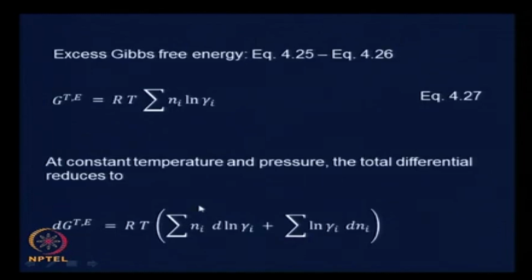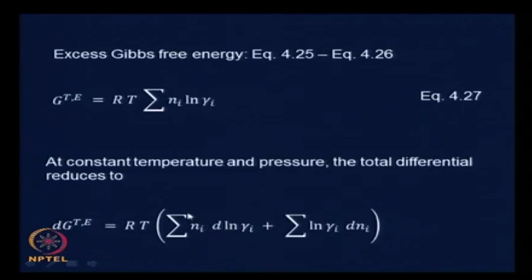Then we went through an interesting derivation, an interesting proof, where we started from the fundamental Gibbs-Duhem equation, and pretty much without any assumptions, we actually showed that for any case the sum over Ni d ln gamma i goes to 0.